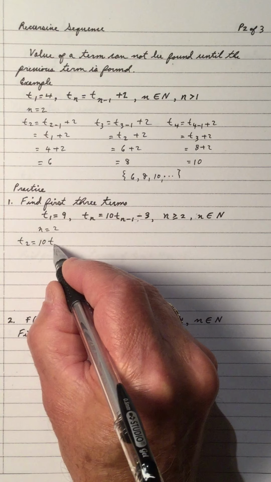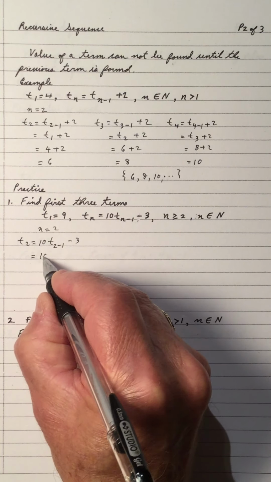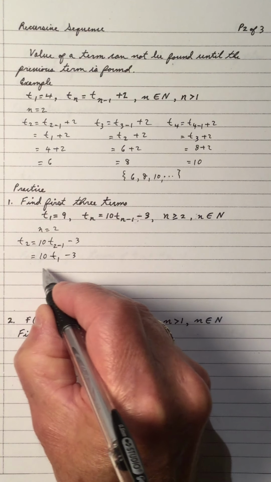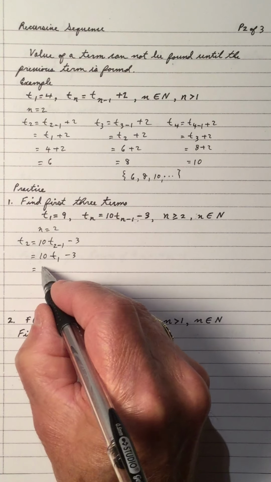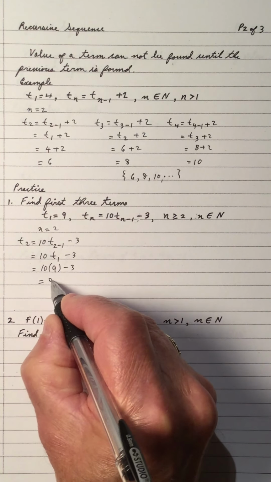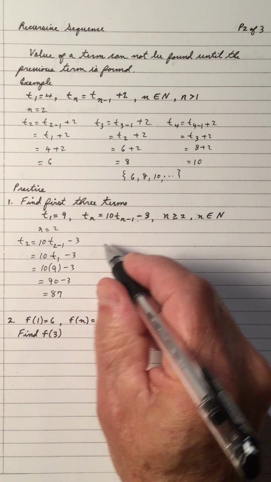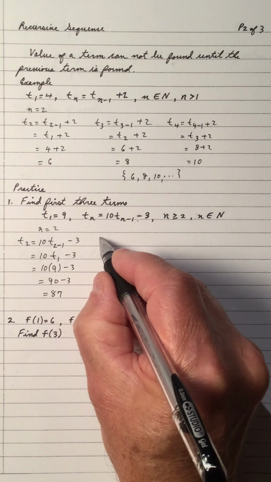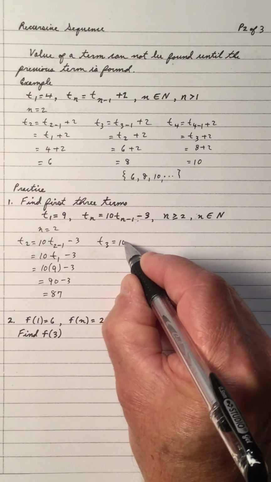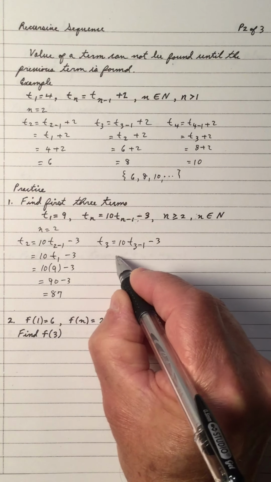So T2 is 10 times T2 minus 1, minus 3. 2 minus 1 is 1, so T1 is 9. So 10 times 9 minus 3, 90 minus 3 is 87. Now that I got T2, I can get T3. T3 is 10 times T3 minus 1, minus 3.